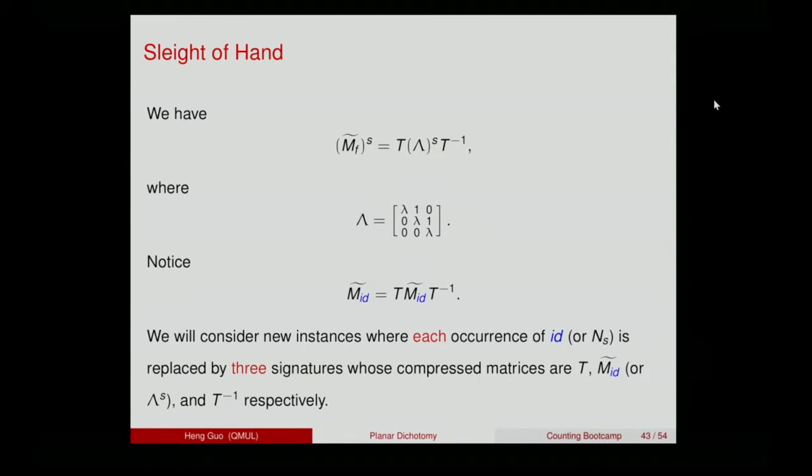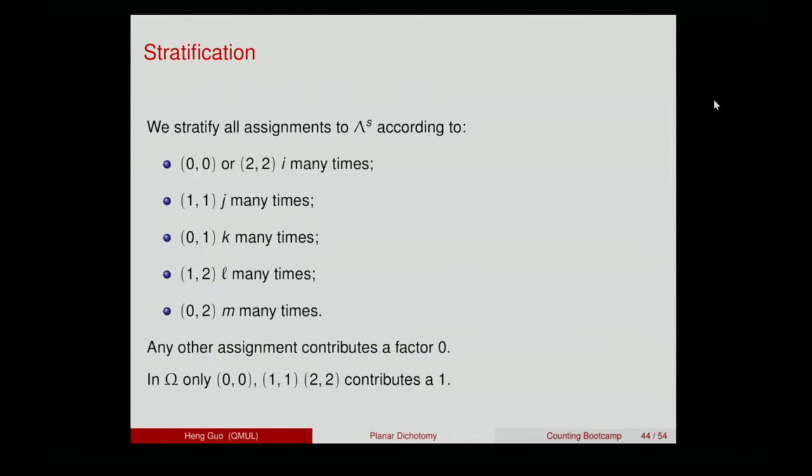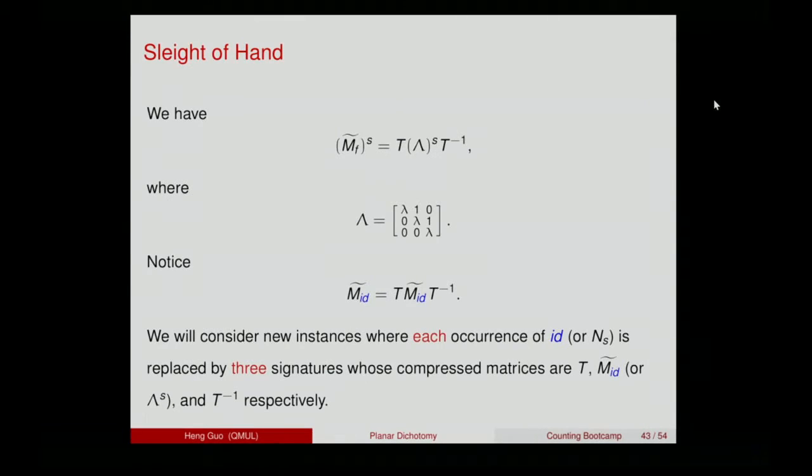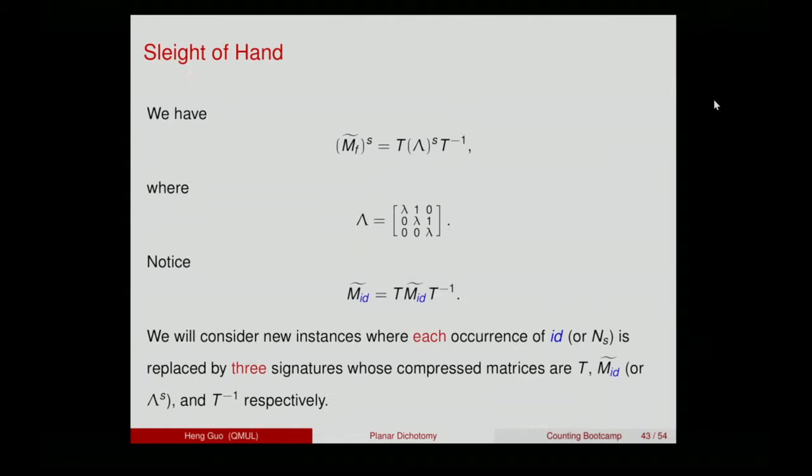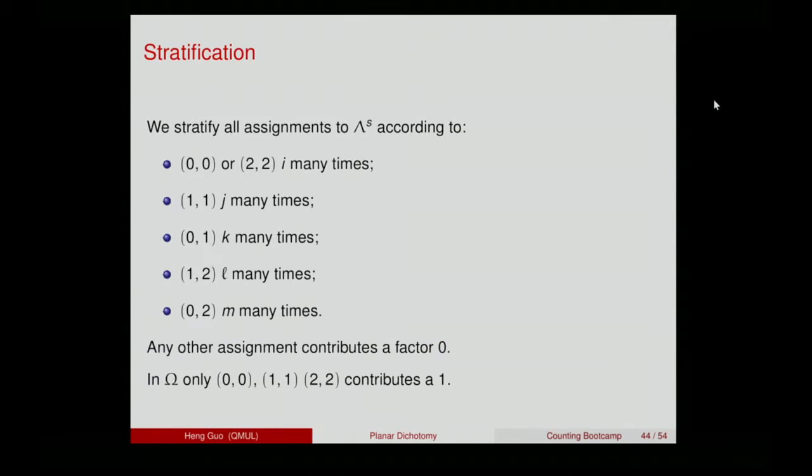So what we care about is the contribution from this lambda and this ID. Okay. So we do some stratification. We will consider assignments to this matrix to the s power according to like 0, 0 or 2, 2 i times, and like 1, 1 j times, and so on.